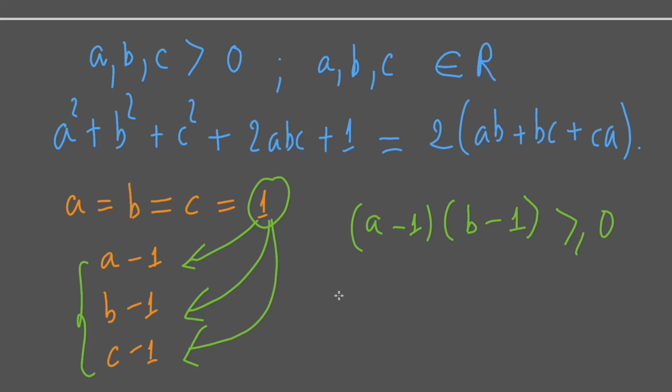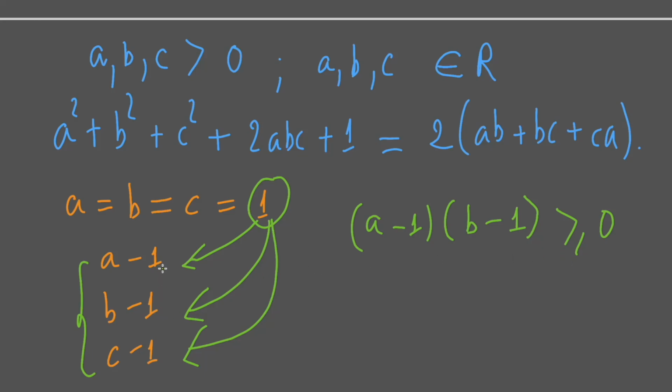For example, imagine if a minus 1, b minus 1 and c minus 1 are all negative numbers, meaning smaller than 0, the product of them will be greater than 0.